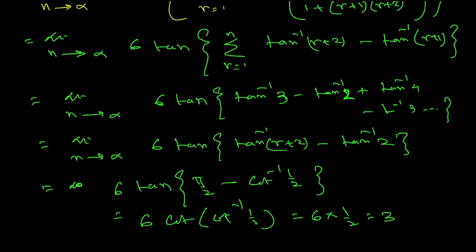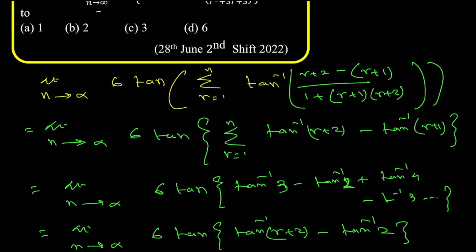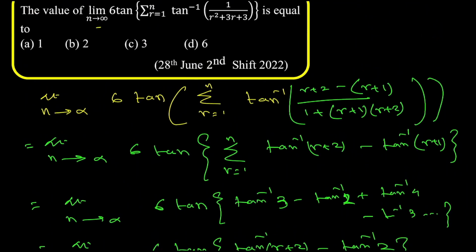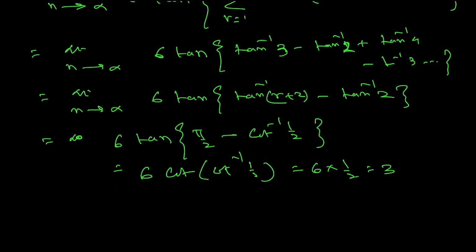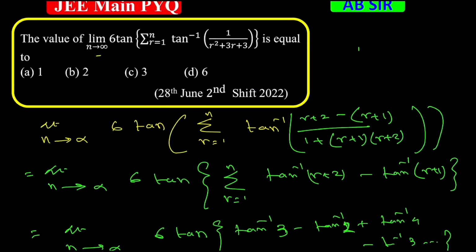Answer is coming 3. So everybody, whenever this type of question comes, this is under the easy sums, because in previous year examinations, number of questions came on this type. So this is categorized as an easy sum.